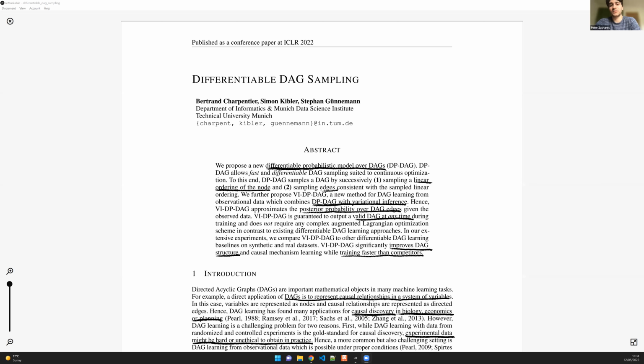So today, Vahan's going to be presenting, and it's a really interesting paper about sampling directed acyclic graphs, which are specifically used a lot in causal modeling, which is when you try to come up with a model which describes the actual relationships which determine how things play out in the real world.